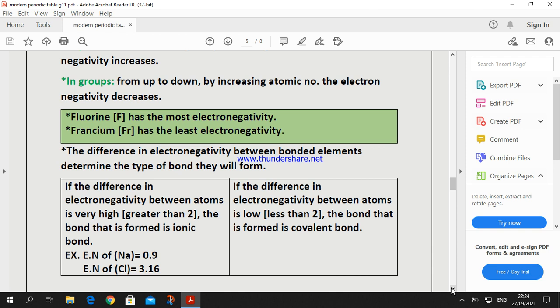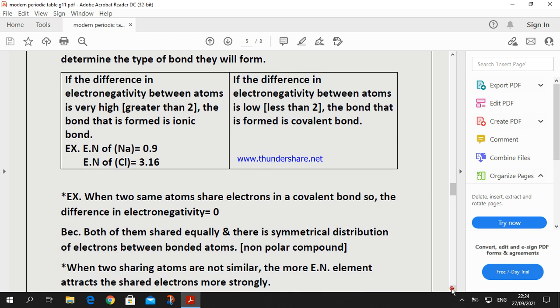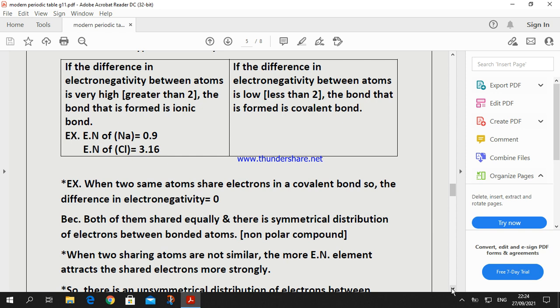While when the difference in electronegativity between two atoms is low, less than 2, the bond formed is known as a covalent bond. When two identical atoms share electrons in a covalent bond, the difference in electronegativity in this case equals 0, like two chlorine atoms.